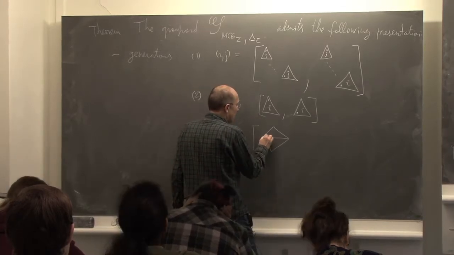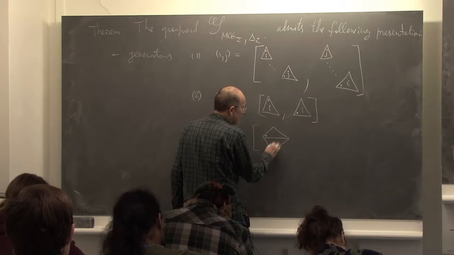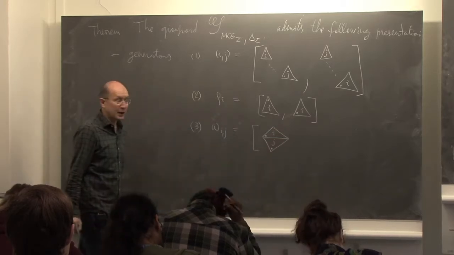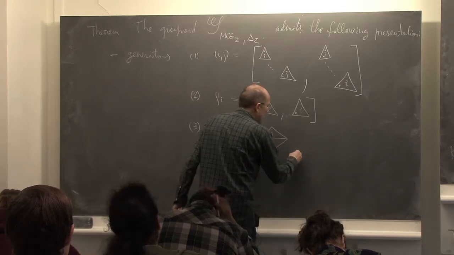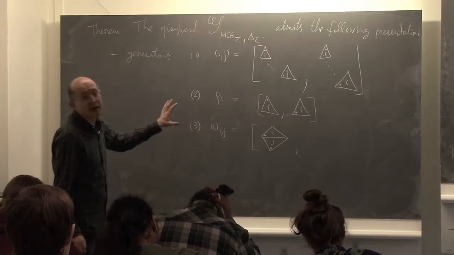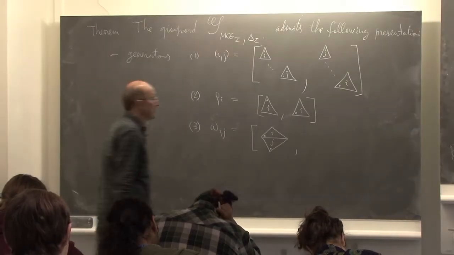And we put the marked corners this way and put indices this way. So this is one ideal triangulation. And then we change that ideal triangulation just inside this quadrilateral.